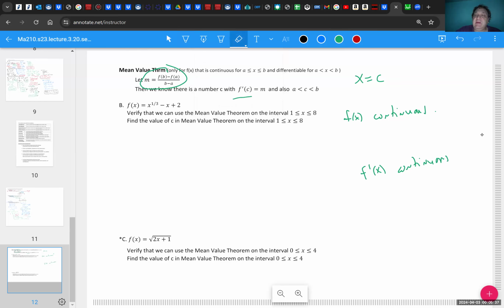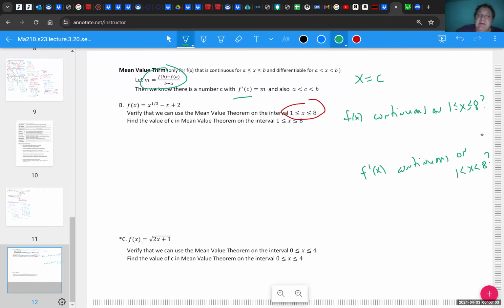We only need it continuous on the interval from, well, in this case, 1 to 8. The interval that was given to us was 1 to 8. So this is continuous on the interval from 1 to 8. And the derivative needs to be continuous on the interval from 1 to 8, but technically we don't even need the endpoints like this.